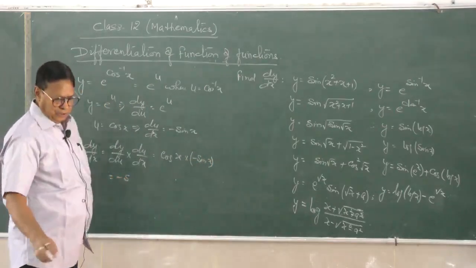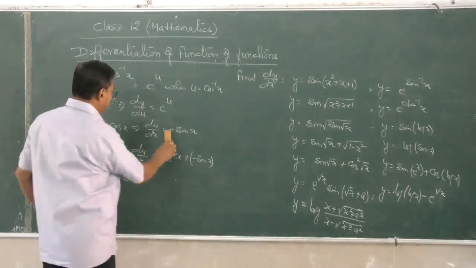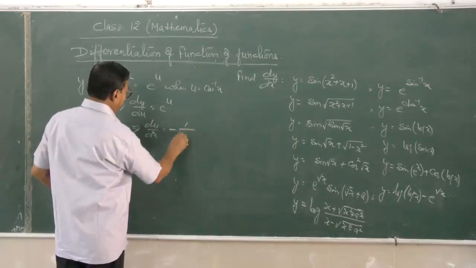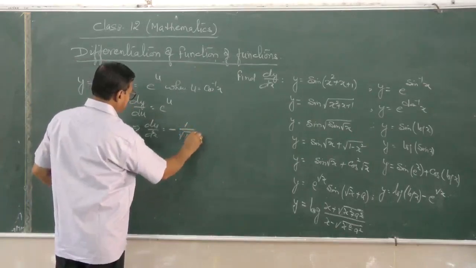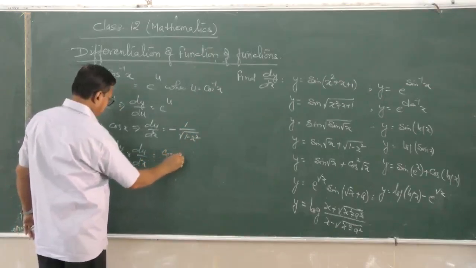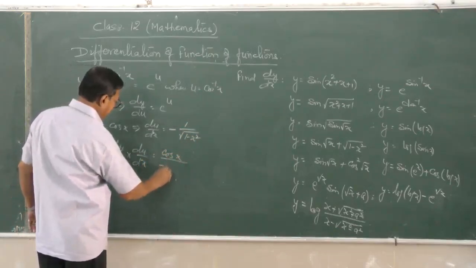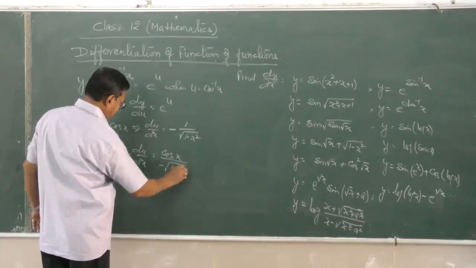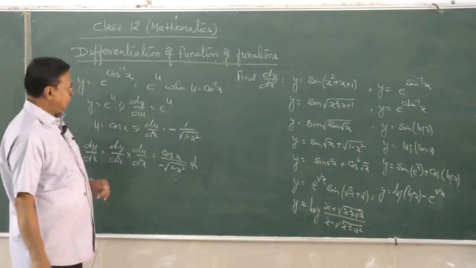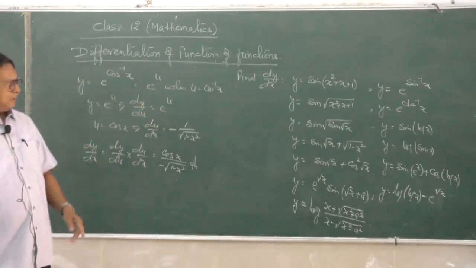Just a minute. U is cos inverse x. So this is minus 1 by root over 1 minus x square. So those you can do like that.